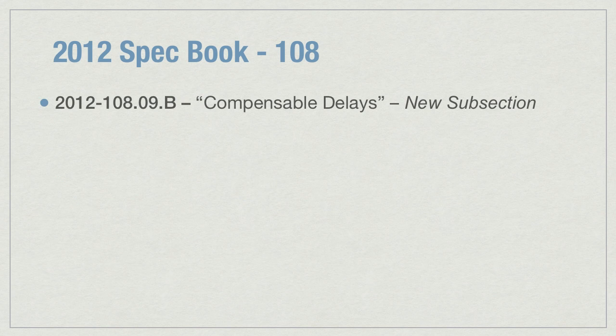Subsection 10809B, Compensable Delays, is a new subsection in the 2012 book. This subsection addresses delays that could not have been reasonably foreseen by the contractor and may result in compensation to the contractor.